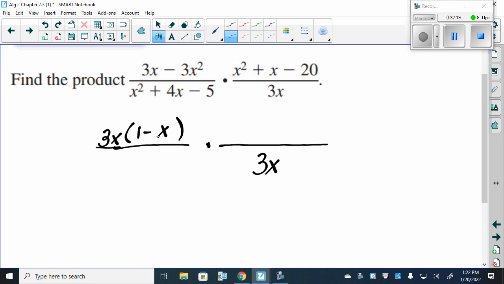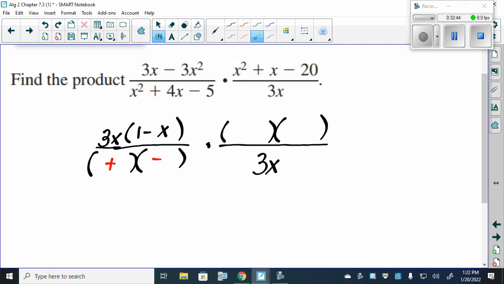Now the question becomes, do we want to factor the x squared plus x minus 20 first, or the x squared plus 4x minus 5 first? So we'll look at x squared plus 4x minus 5. Since the third term is negative, our signs are going to be opposite.